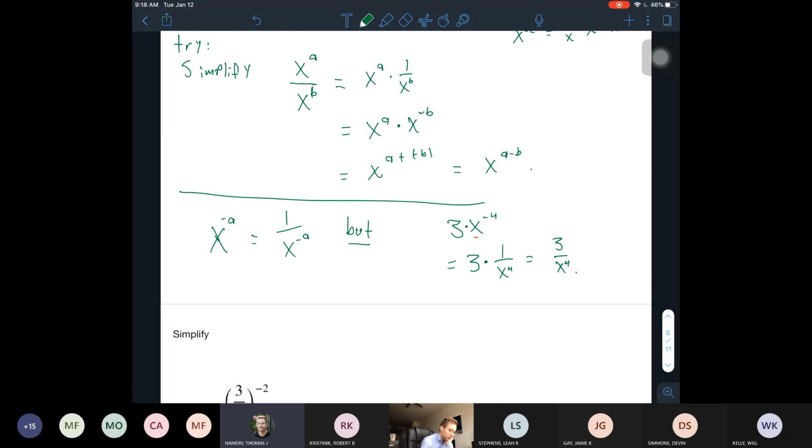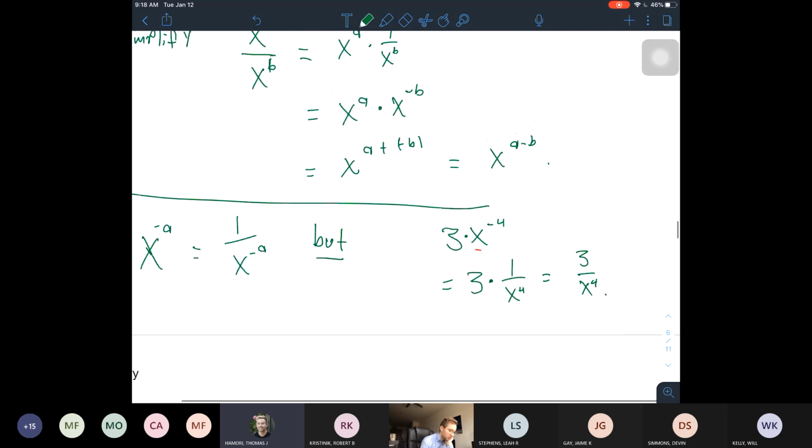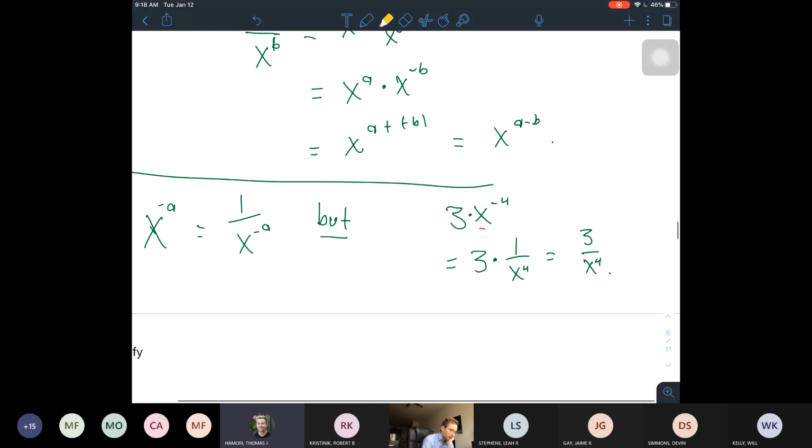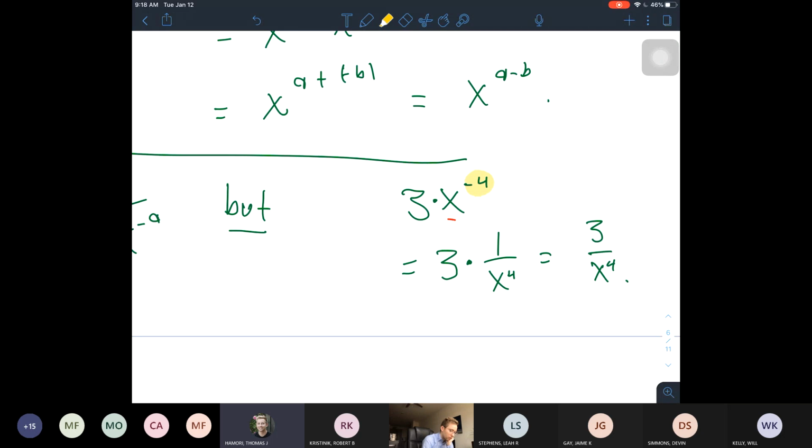So Devin brought up a really important point, which is that if we have things being multiplied, the power here, this negative 4 power, only applies to the x. Okay, it only applies to the x. So in other words, only the x goes down to the denominator, and we would keep the 3 on top. Does that sort of answer what you were asking, Devin?